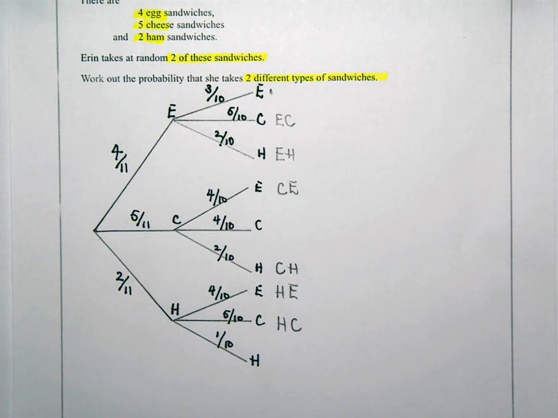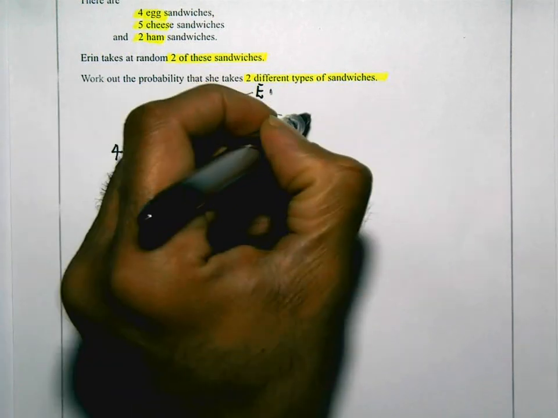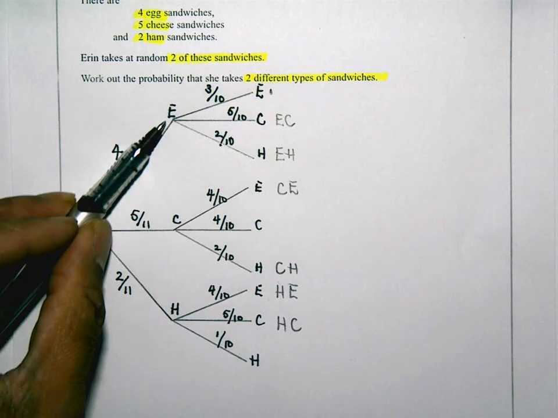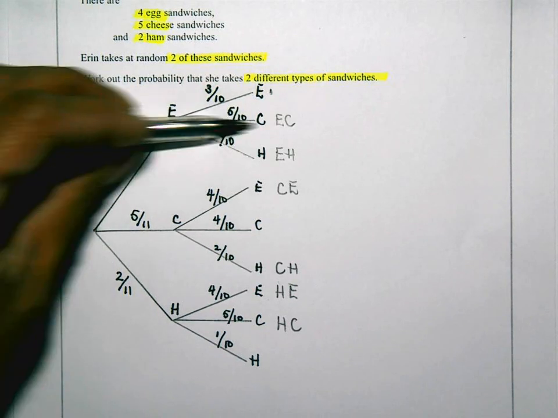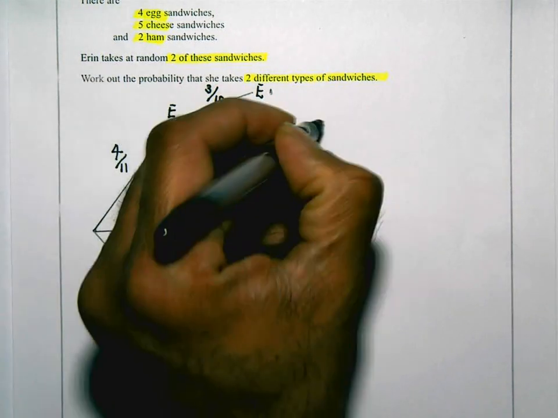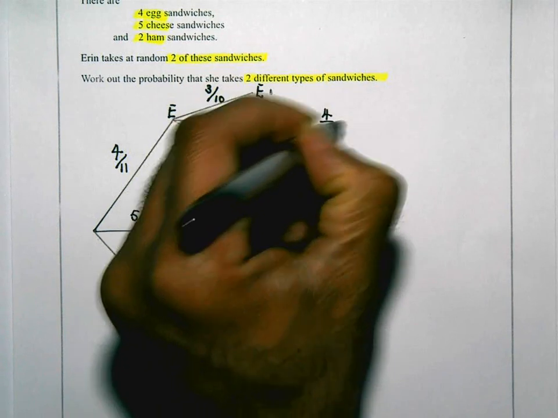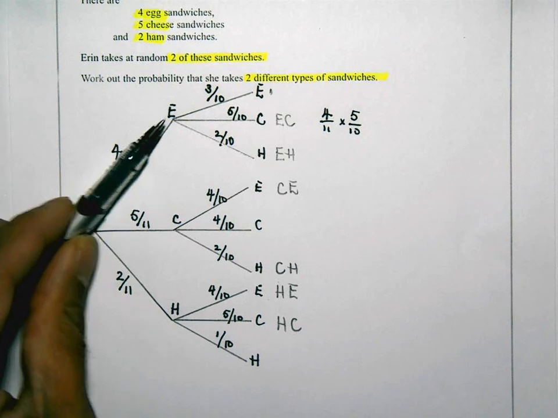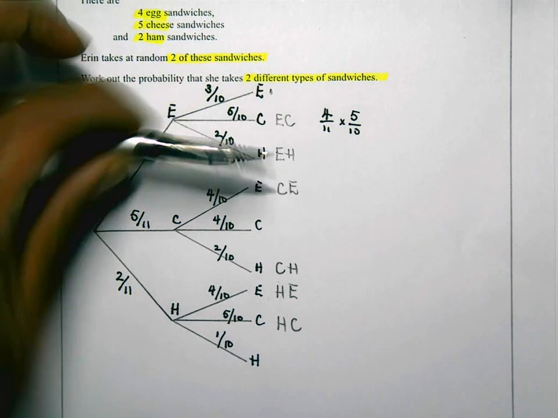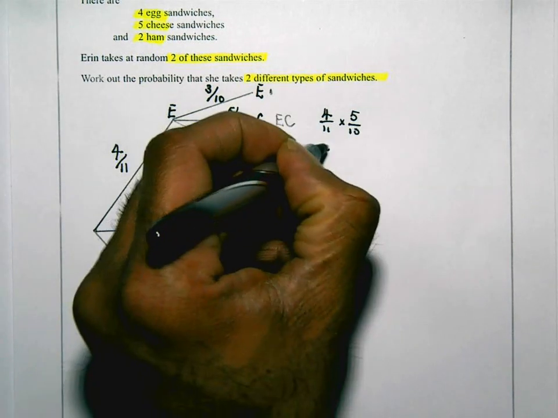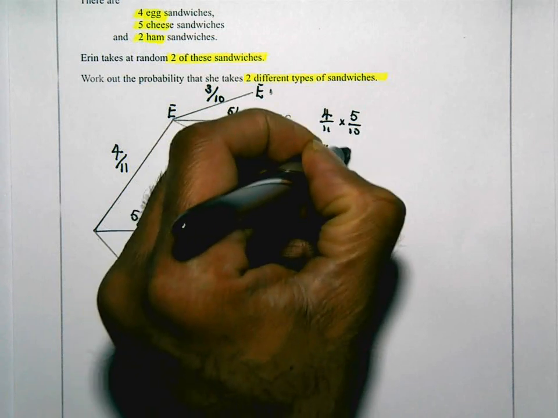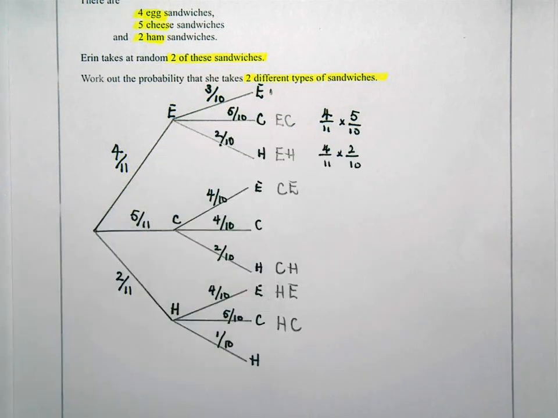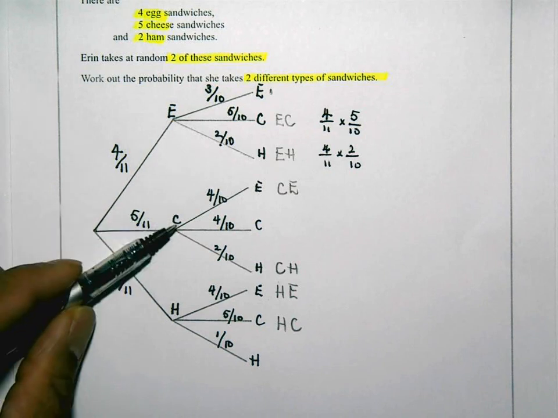So the first one is, follow this, 4 over 11 times 5 over 10. This next one, 4 over 11 times 2 over 10. 5 over 11 times 4 over 10.